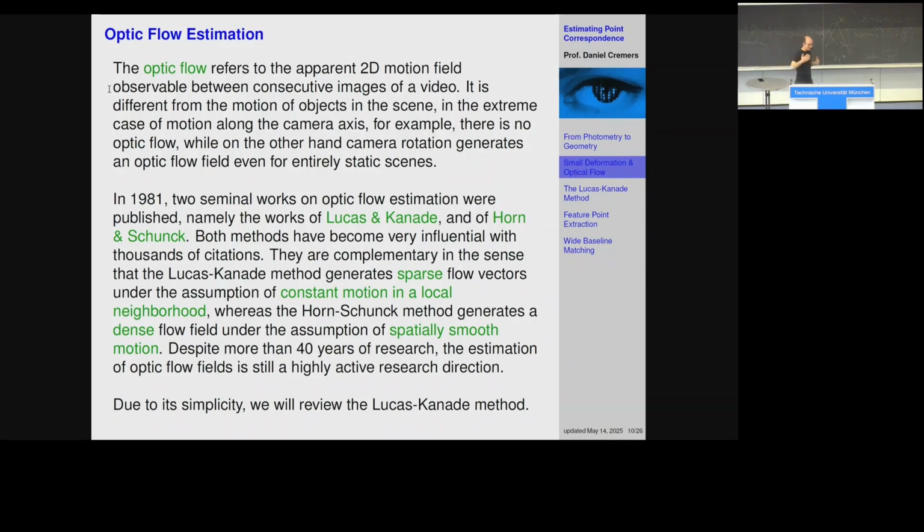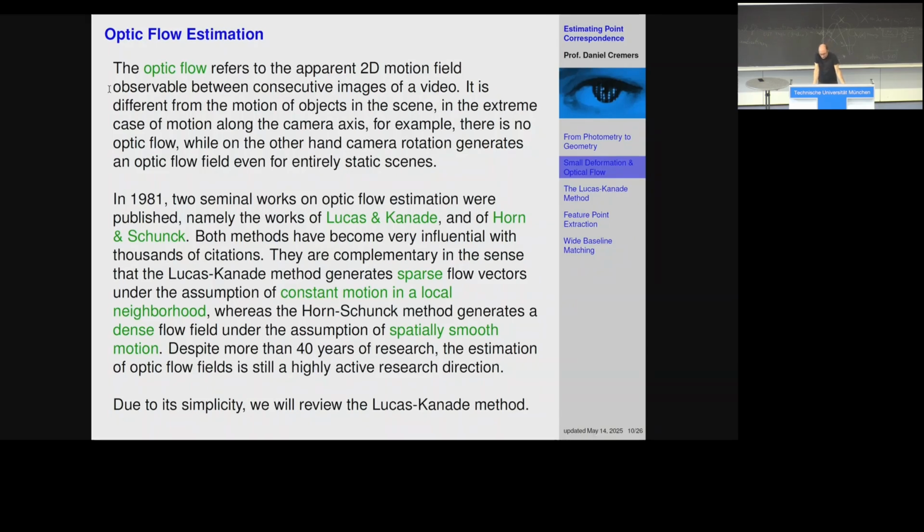So when you say motion, you always have to clarify what you mean by motion. Optical flow is motion on the screen, basically the projection of the 3D motion onto the screen. That is the optical flow.